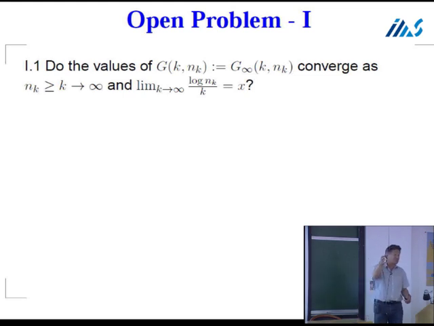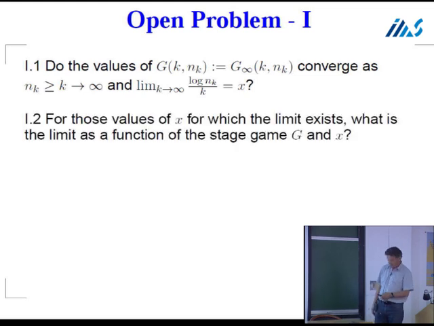Because of duality in two-person zero-sum games, I could always assume that the second player's automaton is larger than the first one. So if the log of the larger one over the smaller one converges to x, you can obviously ask yourself, why the log? Why not another function? Why is this the right order of magnitude? And we'll see in a moment why this is the right order of magnitude.